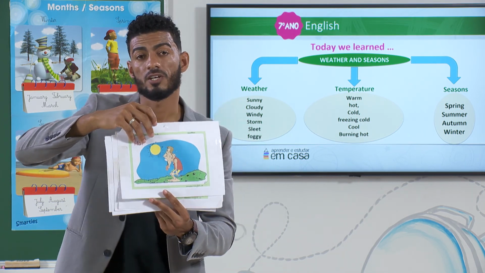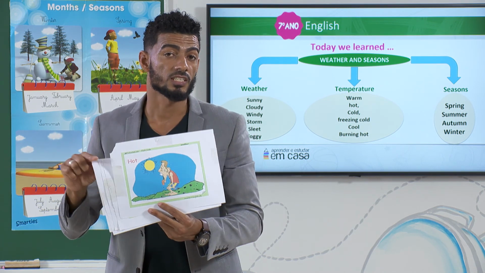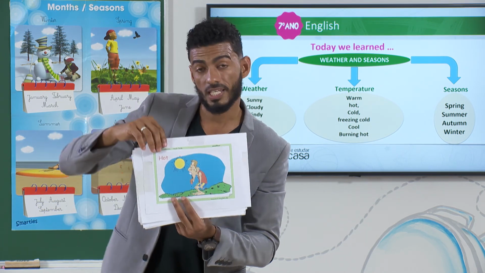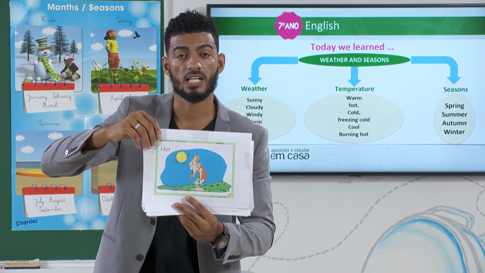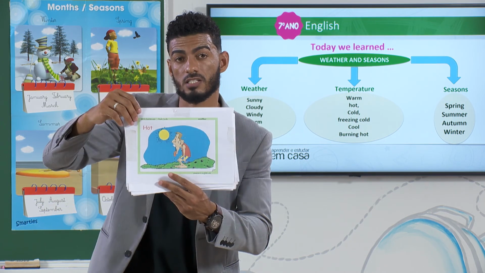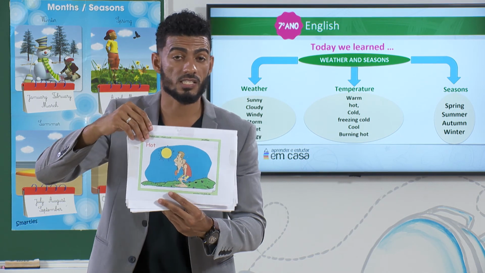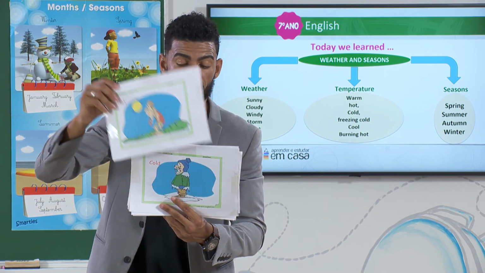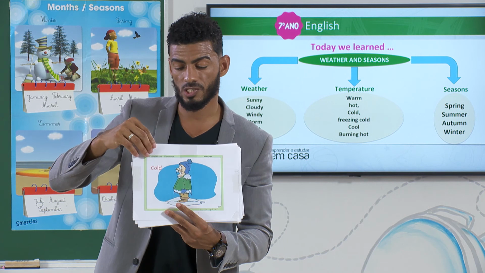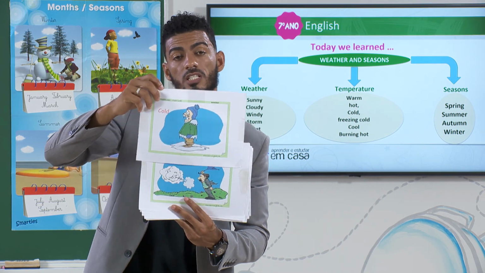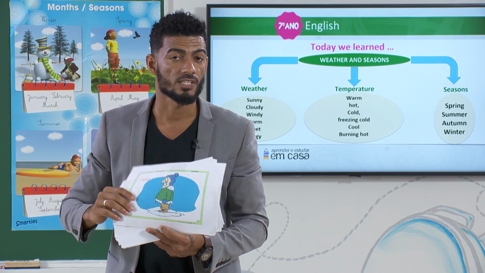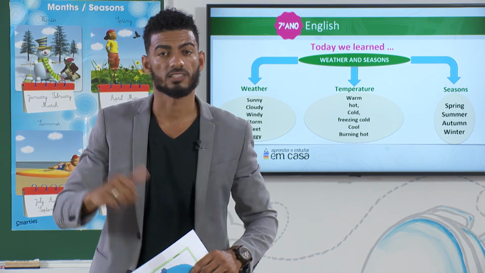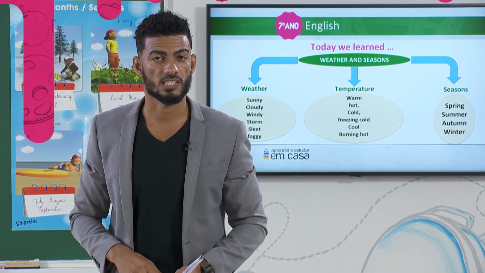And then we saw some temperature, and we can say that today temperature is, how do we say it? Hot. When it's hot, the weather is sunny. And then we saw the temperature cold. When it's cold, the weather is windy. Cool. I know you could do that.